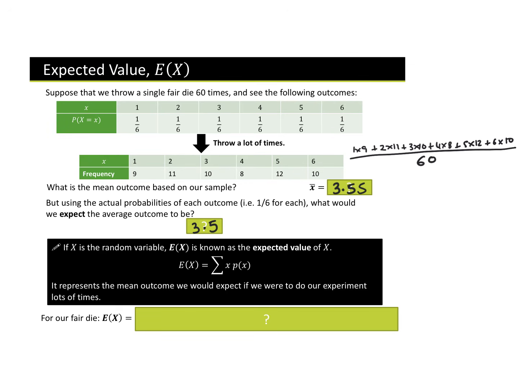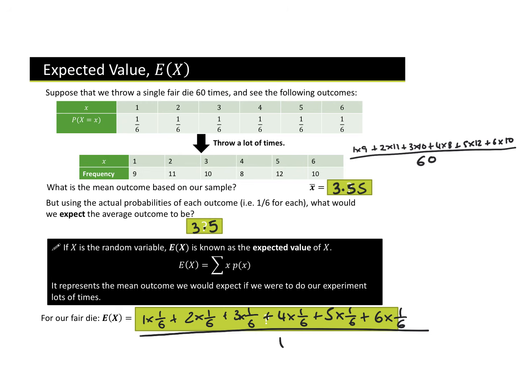Now how do we get this? It's the sum of our x multiplied by our probability of x. So for our die, we've just worked it out: 1 times 1 over 6 plus 2 times 1 over 6 plus 3 times 1 over 6 plus 4 times 1 over 6 plus 5 times 1 over 6 plus 6 times 1 over 6, divided by the total of probability, which is 1.